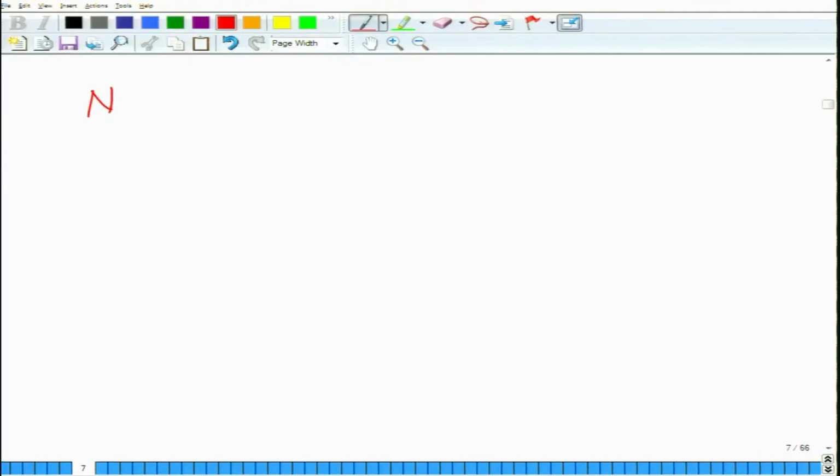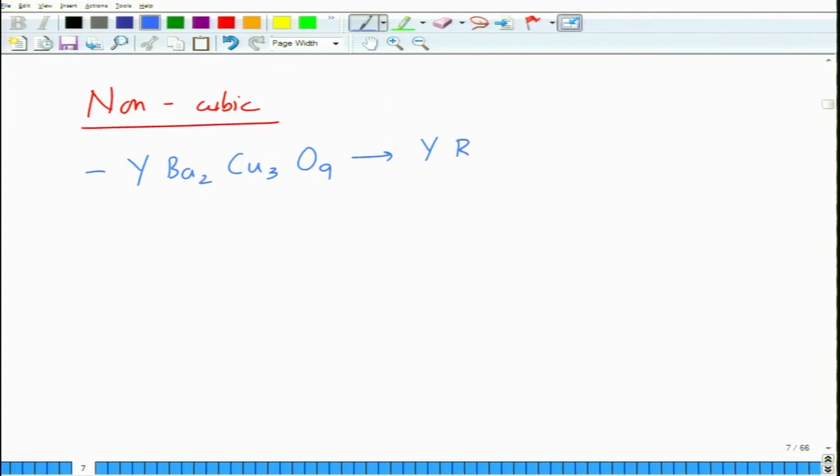So, let me go back to this. Among the non-cubic structures, the first one was YBa2Cu3O9, which converts to YBa2Cu2 (2 plus) Cu (3 plus) O7 minus delta.